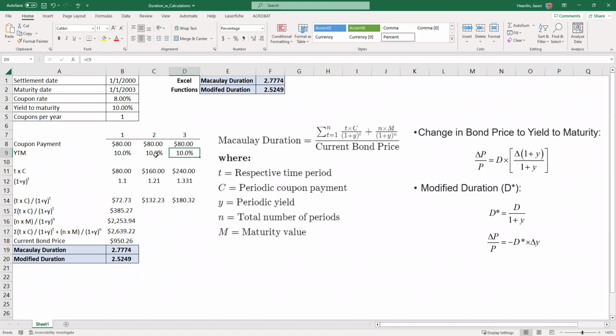Now, once we have this setup, so we can get the data that we need, all we did was convert the coupon rate to a dollar amount and a payment per period. And we just went ahead and recorded the yield to maturity to make our next calculation a little easier.